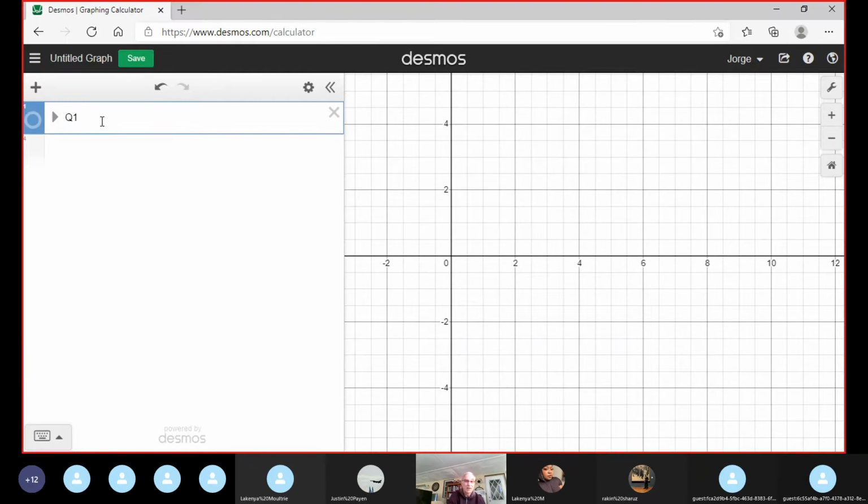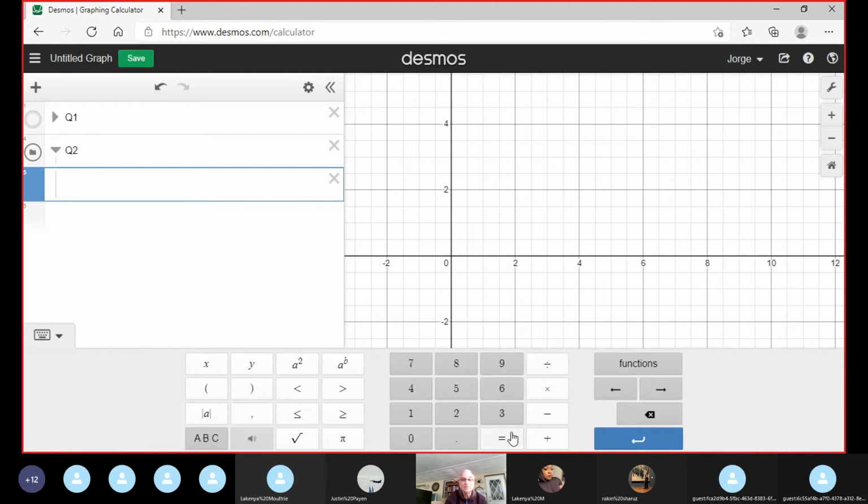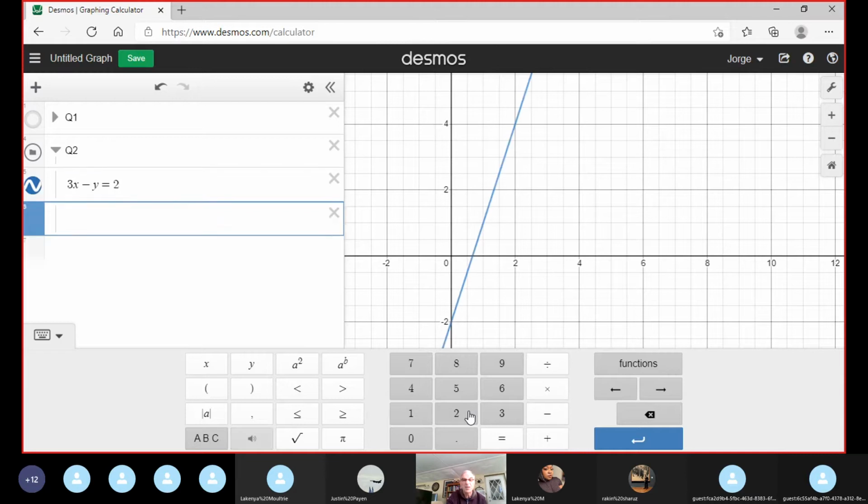Okay, guys. Let me try to do the solution graphically, just out of curiosity, to understand why we have no solution. Well, I click here on the plus, add a folder, and call it question 2, and inside we have two equations. The first one is 3x minus y, remember I am using standard form, equal to, boom, it's a line, a blue line.